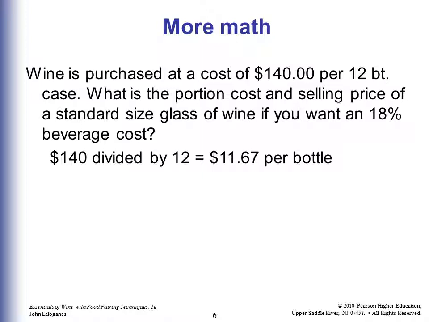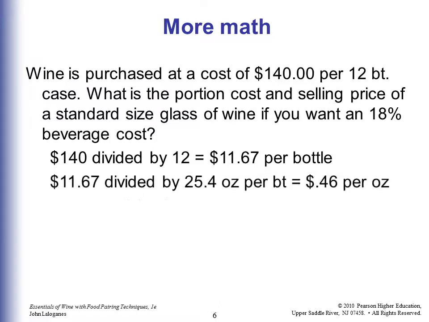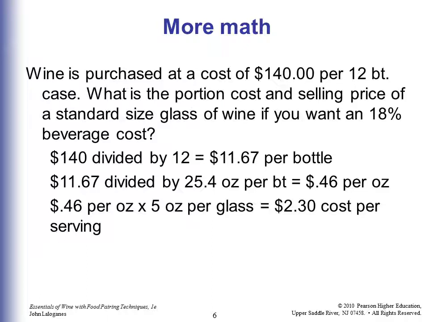So you have $140 divided by the 12 bottles, means you're paying $11.67 per bottle. $11.67 divided by the 25.4 ounces that are in a bottle equals 46 cents per ounce. $0.46 per ounce times the 5 ounces that are in a glass, the serving size, means you're spending $2.30 per glass of wine. That's what it costs you.